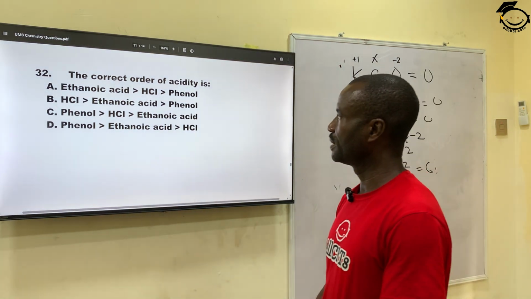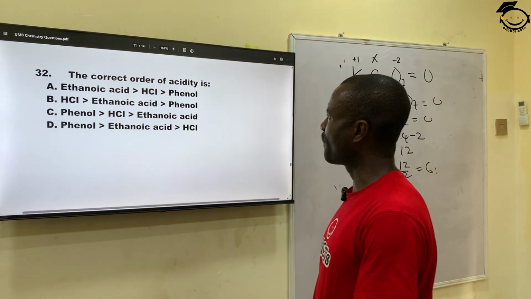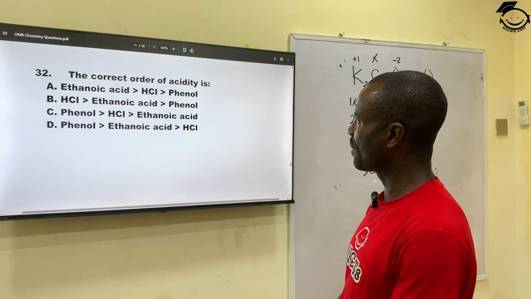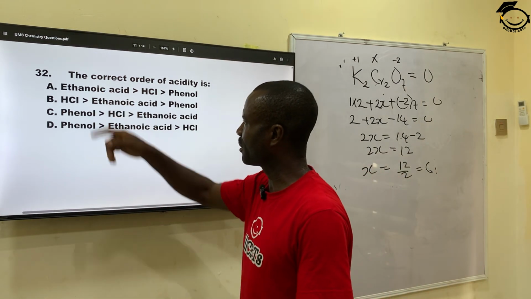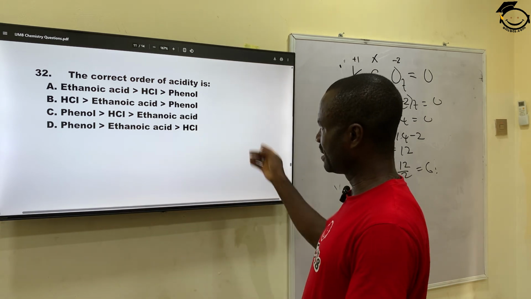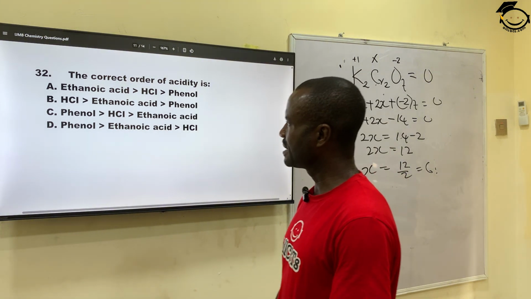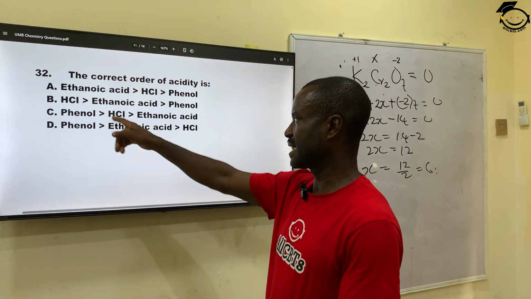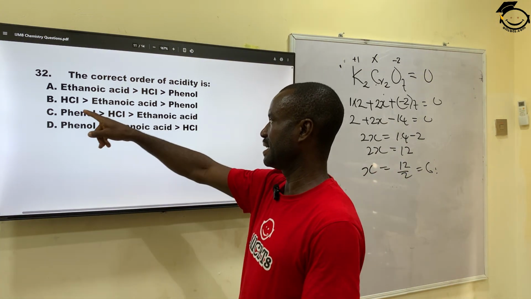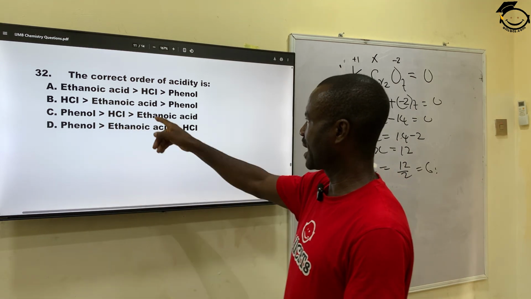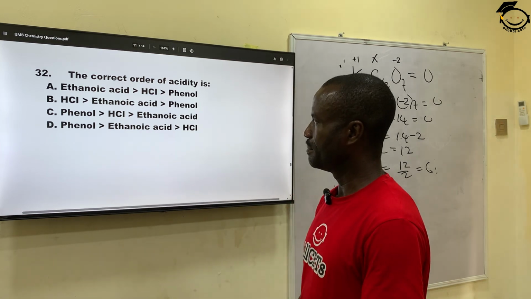32. The correct order of acidity, that is, the increasing order of acidity, is: A, ethanoic acid to HCl to phenol. B, HCl is greater than ethanoic acid, and ethanoic acid is greater than phenol.